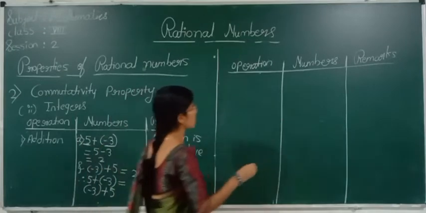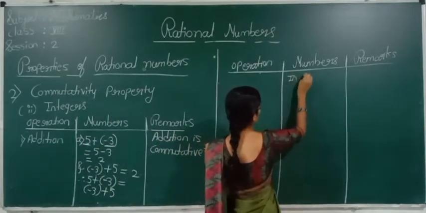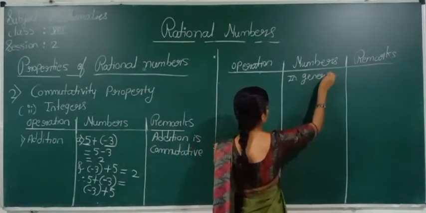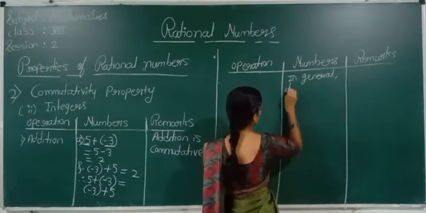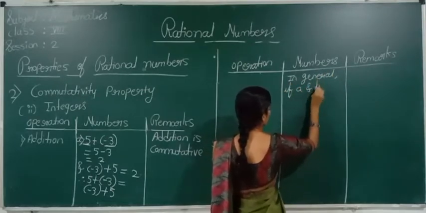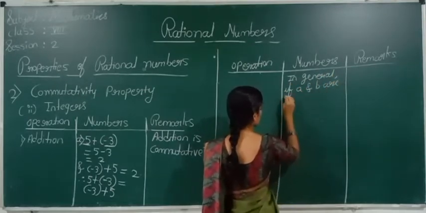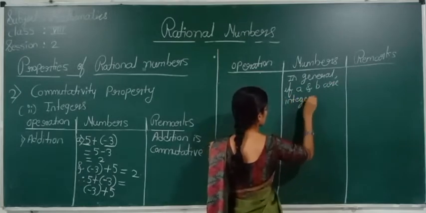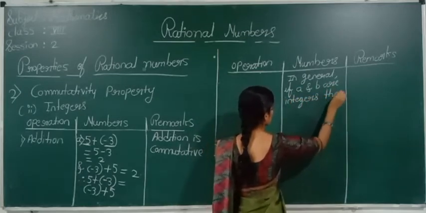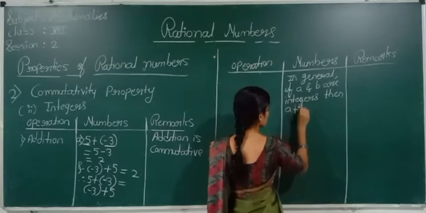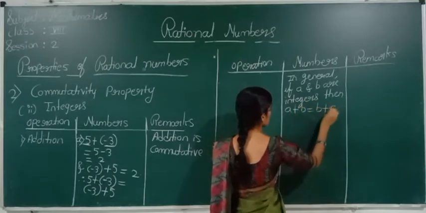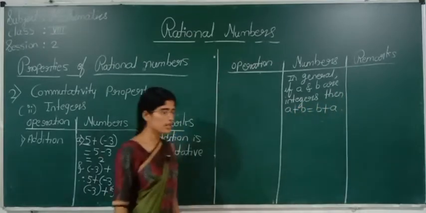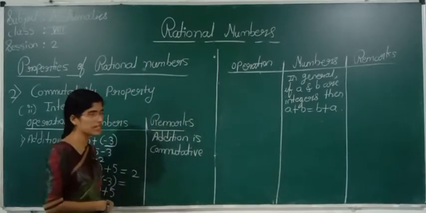So in general, if a and b are integers, then a plus b is equal to b plus a. Okay, therefore addition is commutative.